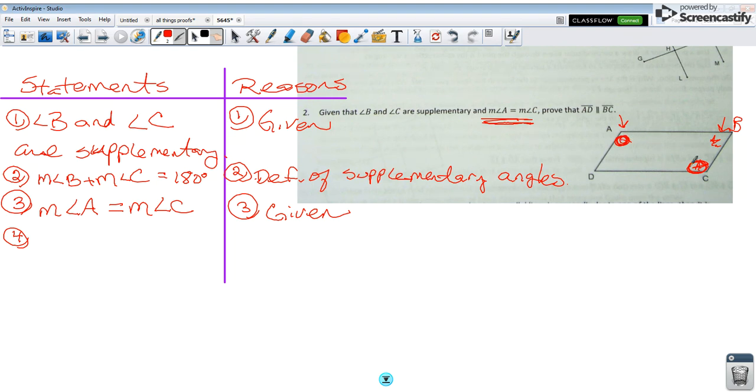But if we know that the measure of angle A is equal to the measure of angle C, then by substitution, take a look at this. B and C is 180 degrees.